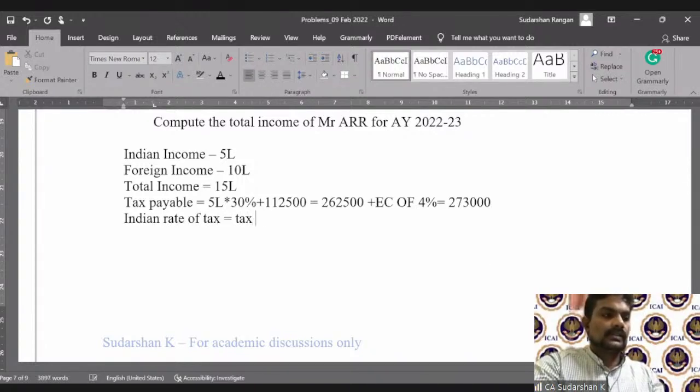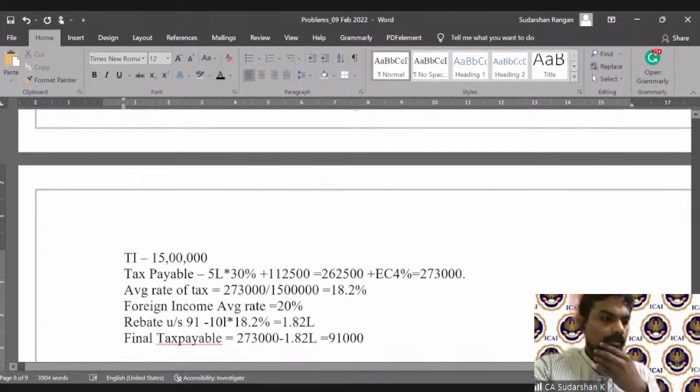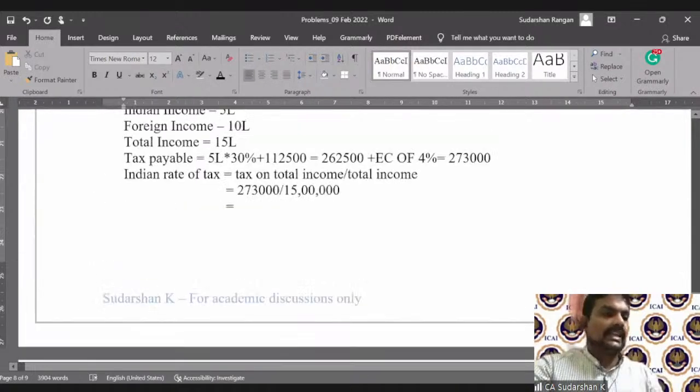That is tax on total income divided by total income. This works out to 2,73,000 divided by my total income of 15 lakhs, which comes to 18.2%.